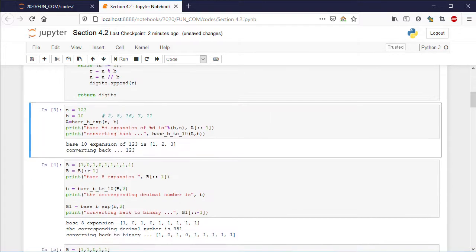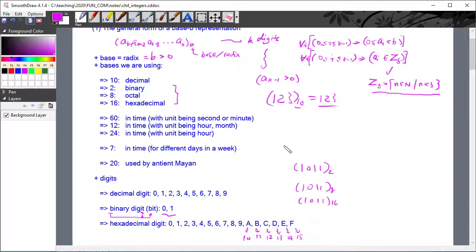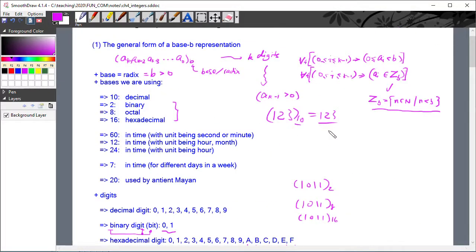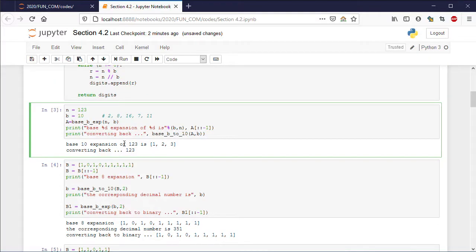Let me execute that. Now here we have the first test. Suppose I have a number 123. I already explained that previously, right? So this 123, when we don't write any base, we assume that the base is 10. So in the program, I first try this base 10. I'm going to show you other bases in a few moments.